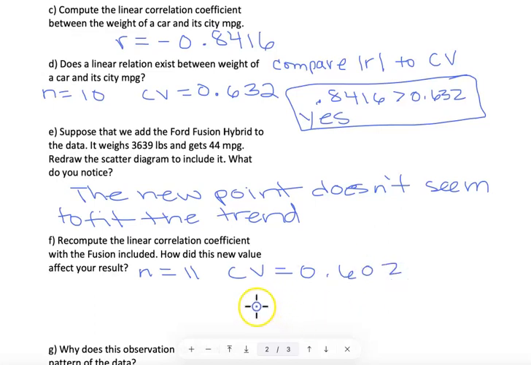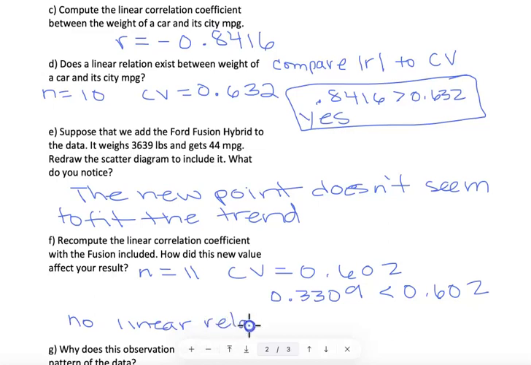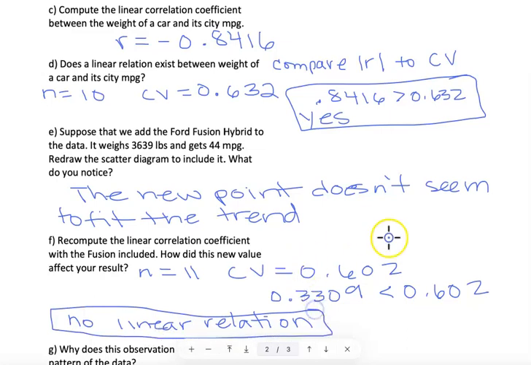In this case, my absolute value of r is now 0.3309, I think it said. That's now less than the critical value. So now there is no linear relation with that data point added in. So new data points don't always change my outcome, but sometimes they do, as we can see here.